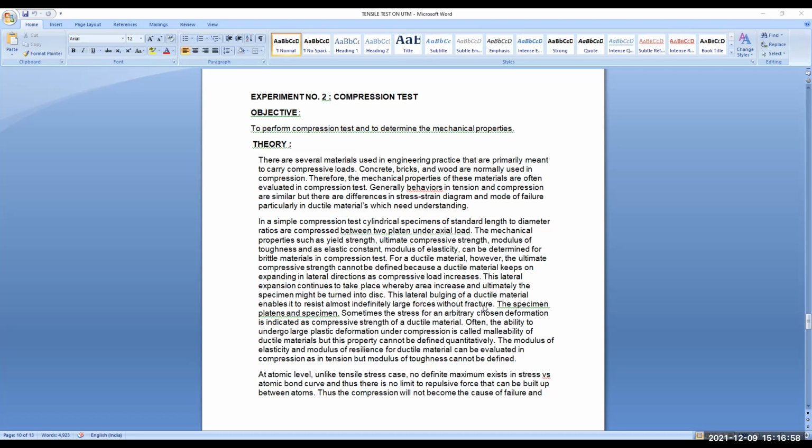The lateral bulging of ductile material enables it to resist almost indefinitely large forces without fracture.